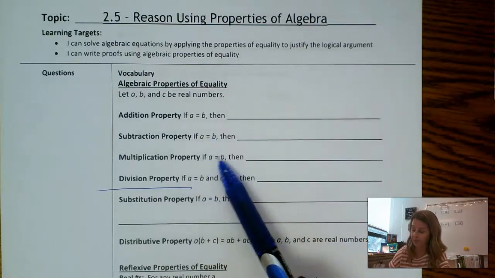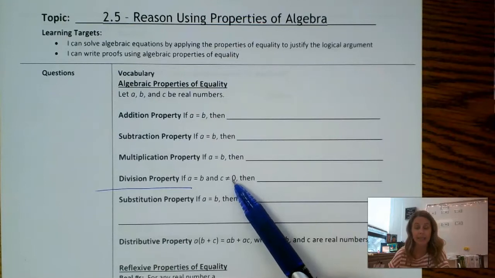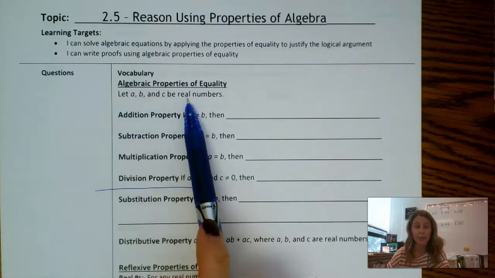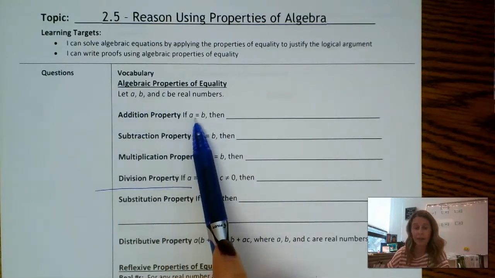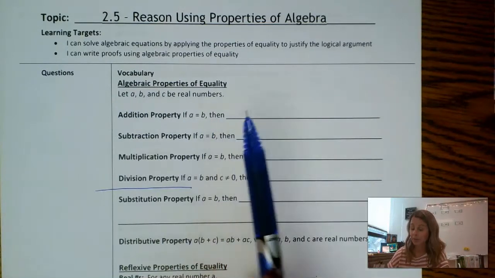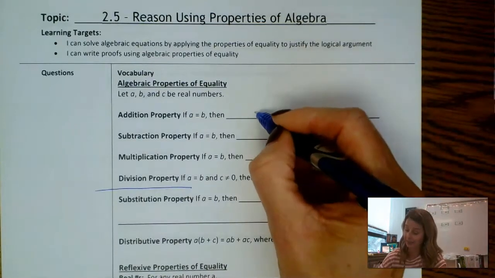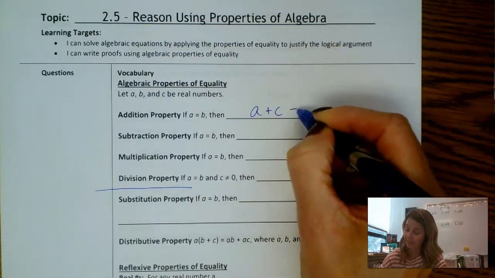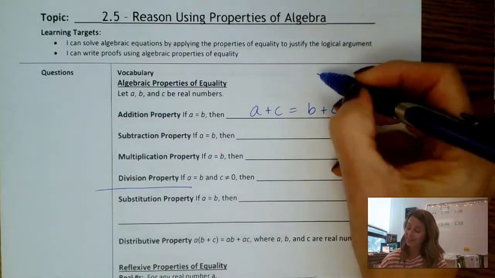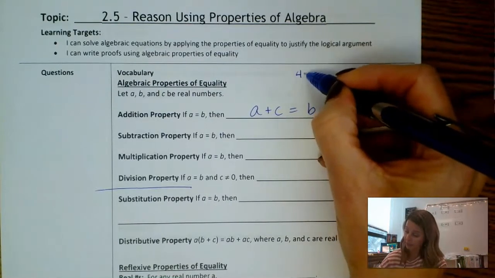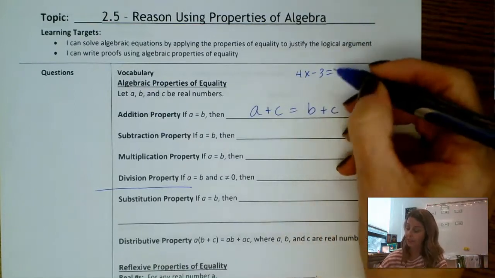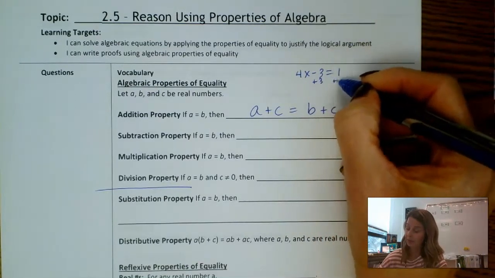Okay, so let's go through the first four and you'll kind of get the idea of the if-then statements we're going to write. So we're going to have examples where A, B, and C are real numbers. So if you have A equals B, let's say you have one quantity equal to another, then the addition property of equality says I can introduce C. So if I do A plus C, it is equal to B plus C. Okay, so an example of this would be like if 4x minus 3 equals 1, so if A equals B, to solve this, I would add 3 to both sides.